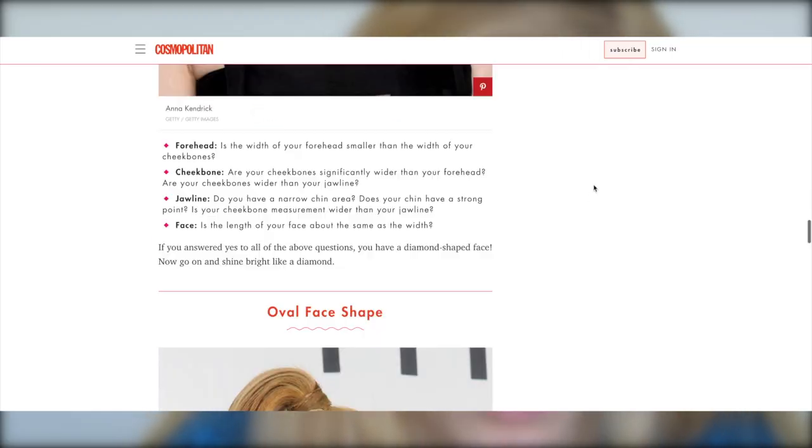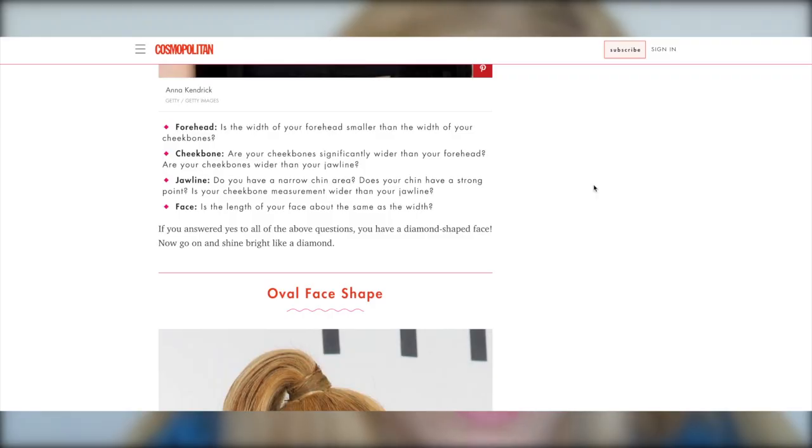Diamond face shape. Is the width of your forehead smaller than the width of your cheekbones? Yes, it is. Are your cheekbones significantly wider than your forehead? Are your cheekbones wider than your jawline? I think both of those are correct. My cheekbones are a little bit wider than my forehead, and my jawline, do you see this, it is a little bit, but not too much actually. I think they are.